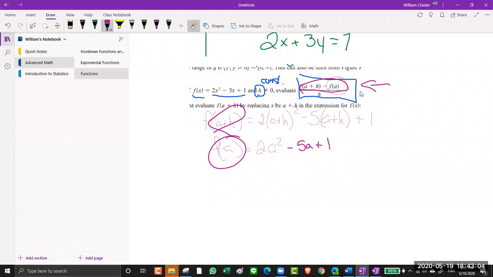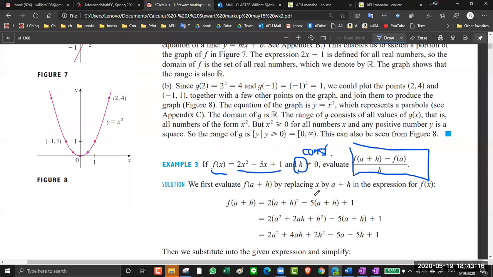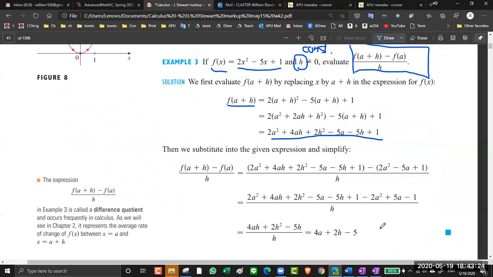Does anybody have any questions about that? Is that clear? Okay. So let's go back to here. So that's what they do. They do f of x plus h. They get this. They simplify it a bit here.